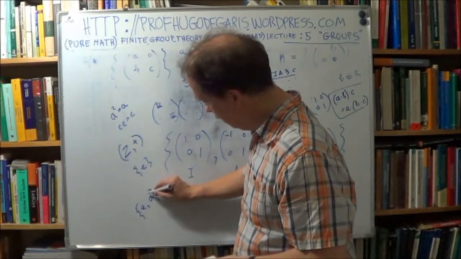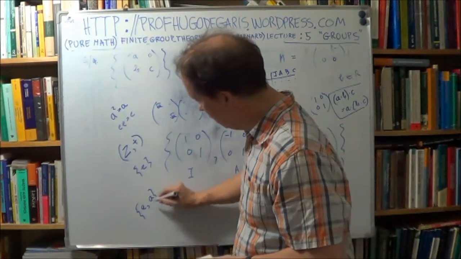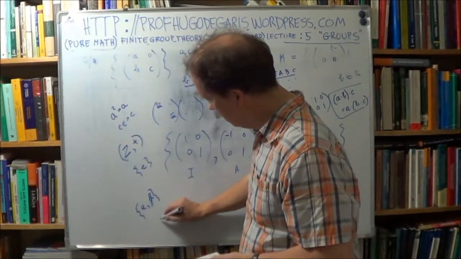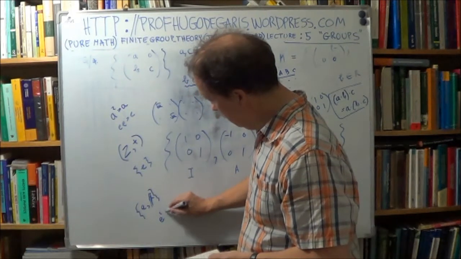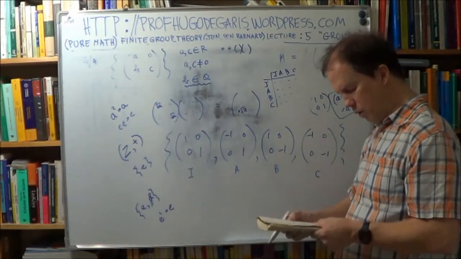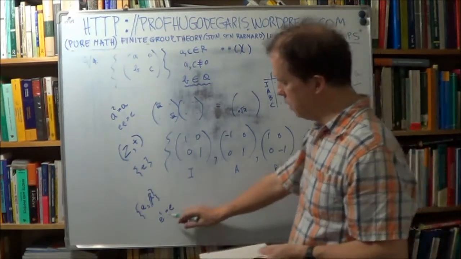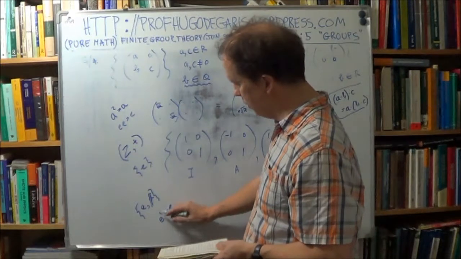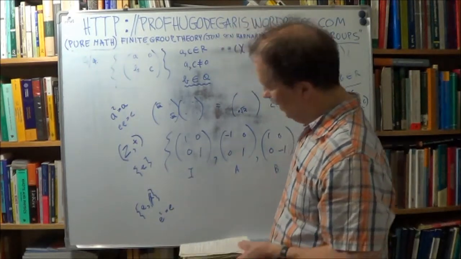Of order 1, well, just E. Yeah, just E, because E to the 1 is E. So E has order 1, right? Because E to the 1 is E.